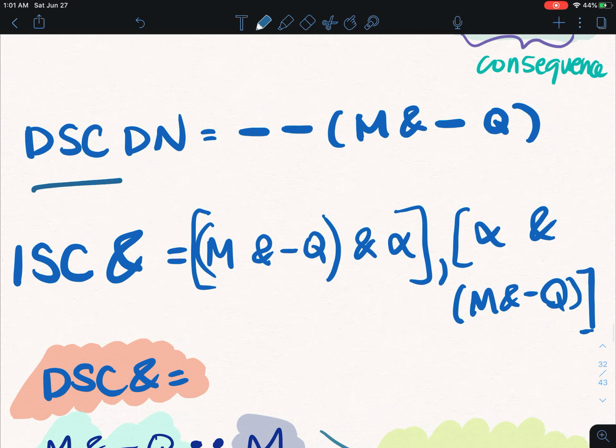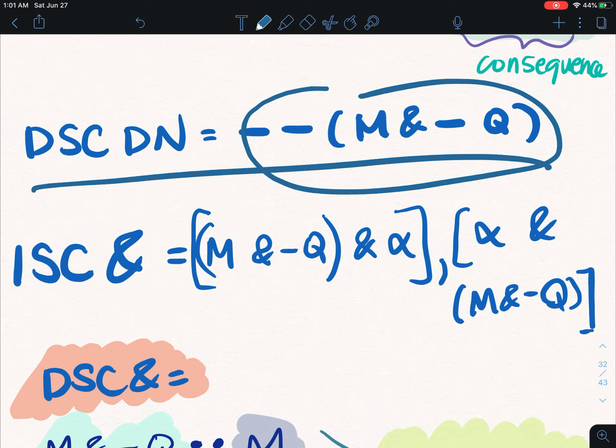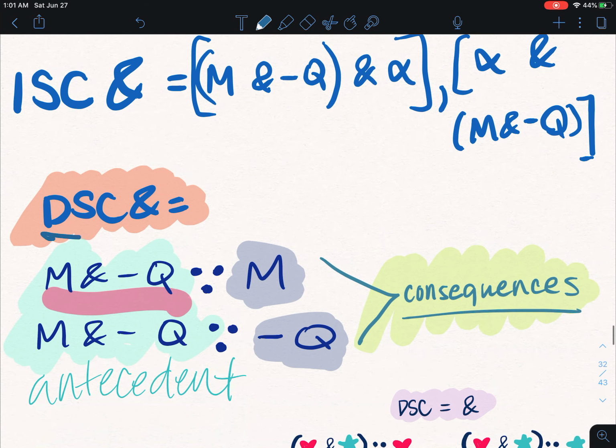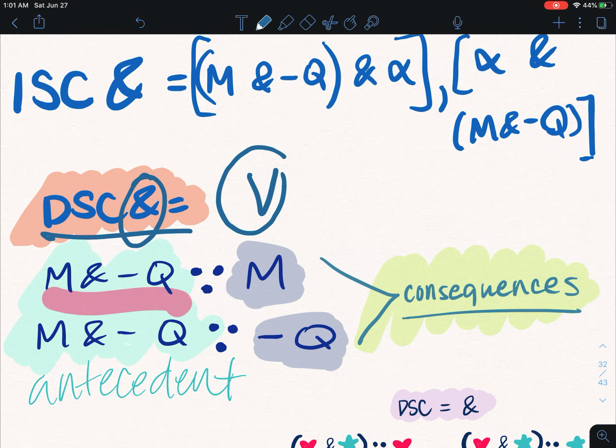We know it's not this one because it only has one thing. There is no left and right side. It's just one thing. So we know it's not that one. It's either this type of DSC or that type of DSC, and that's it.